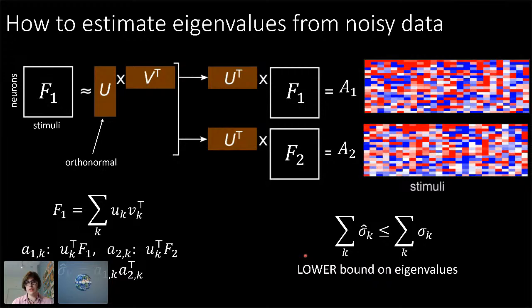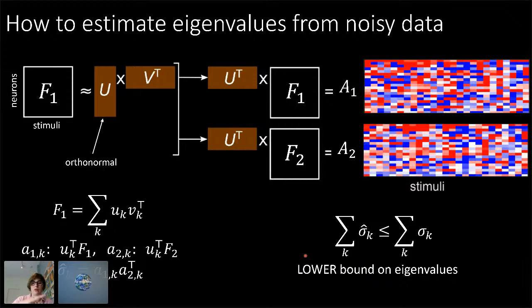So they're not just going to be the eigenvectors of the signal. They're going to have some eigenvectors of the noise too. So when we reproject these eigenvectors, which are not perfectly estimated, into our data, they cannot possibly be the best eigenvectors.